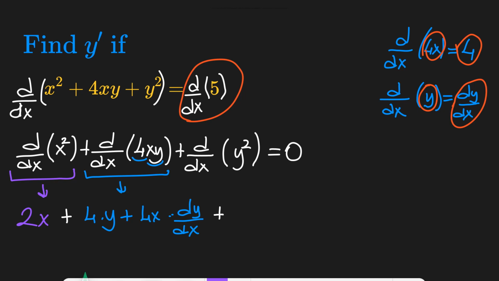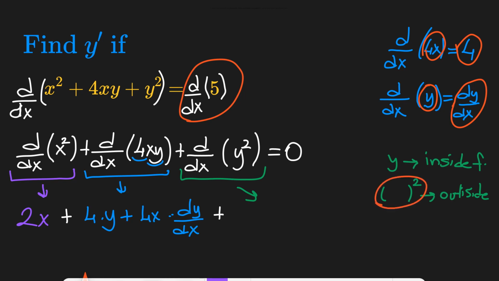Plus, we will use the chain rule here. Y is the inside function and something squared is the outer function here. Let's find the derivative of the outer function. We bring the power down: 2 times the inside function.